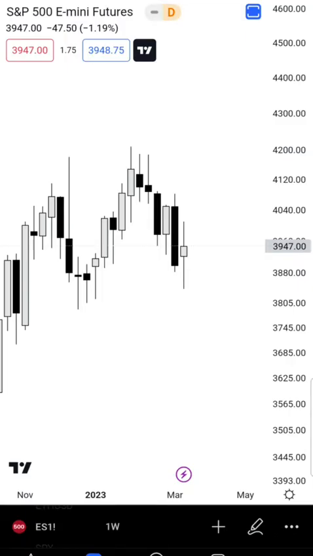Now, as we have been taught, the best way to analyze a chart is not to open the chart and go to the 5 minute, 1 minute, and just look for a market structure shift, because that's what they do on Twitter, but that's not the ideal way of doing it. The ideal way is as follows.